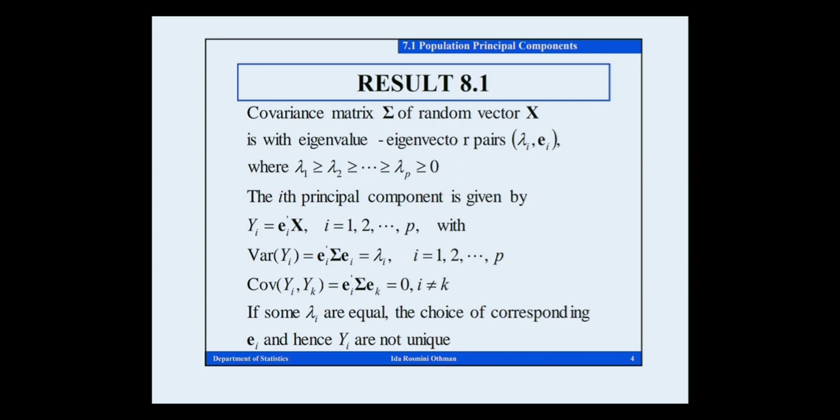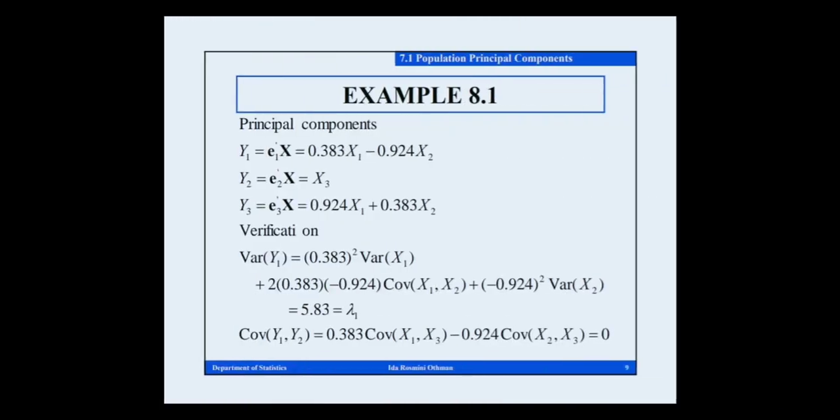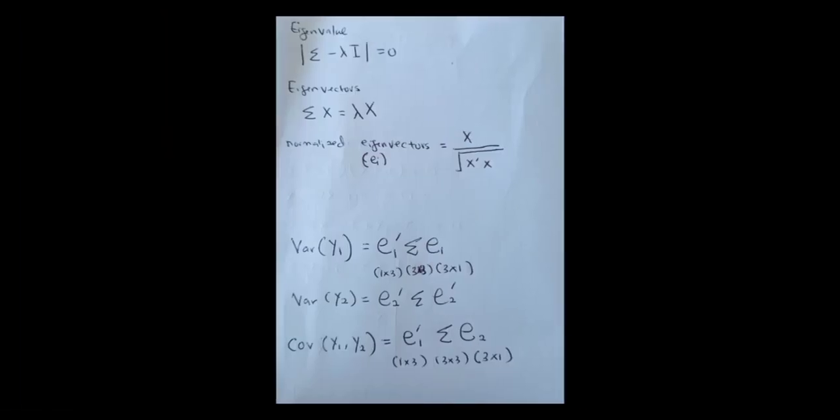Okay, let's see pula macam mana the theorem mengatakan yang nak prove that variance of yi equal to lambda i. Let's see here, variance of y1. Formulanya tadi adalah E1 transpose multiply big sigma multiply E1.